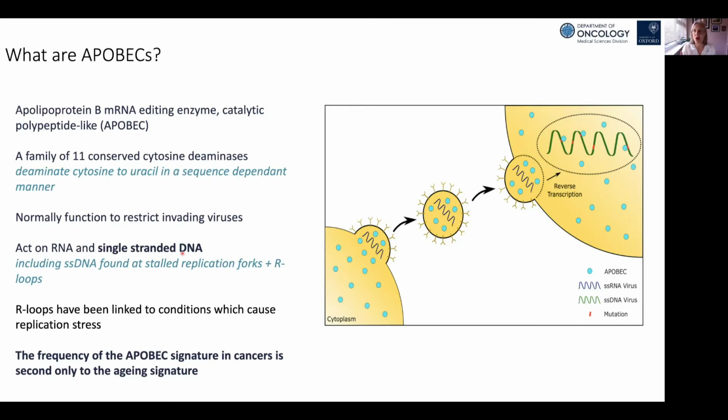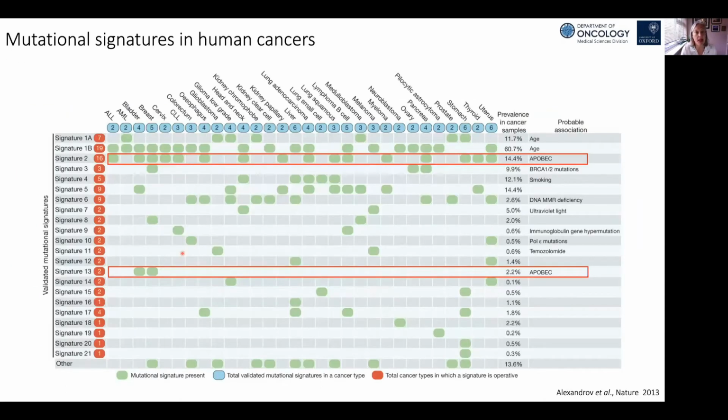So you can see why we started to think maybe the apobecs would be relevant in hypoxic conditions, especially as we know that apobecs are very relevant to cancer in general. So the prevalence of the apobec mutational signature is second only to the aging signature. So the apobec ones are shown in red here. So this is really important to cancer.